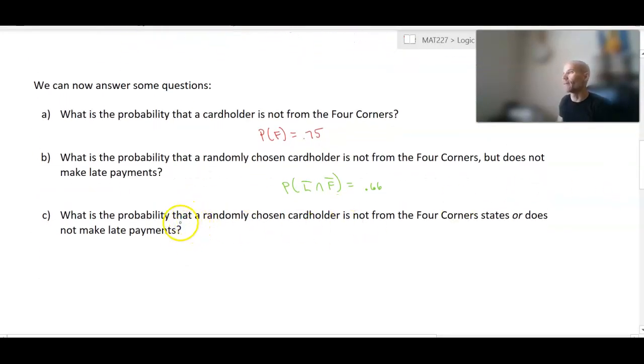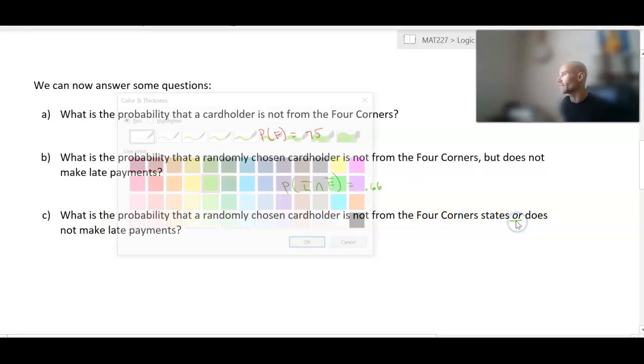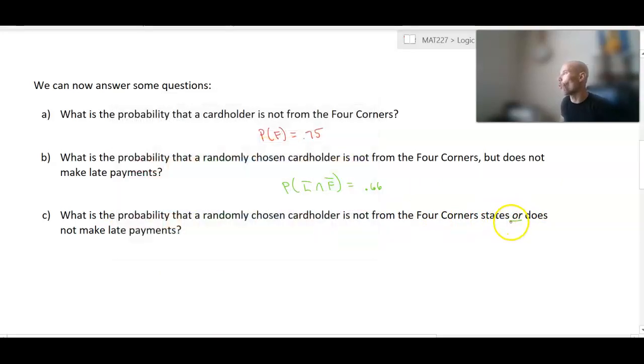What is the probability that a randomly chosen cardholder is not from the four corner states or does not make late payments? That's the key word here: or. Okay, what does it mean to say or? If we said A or B, that means just A, not B. That means just B, not A. But it also means you could be both.